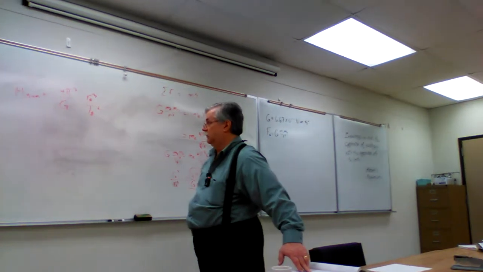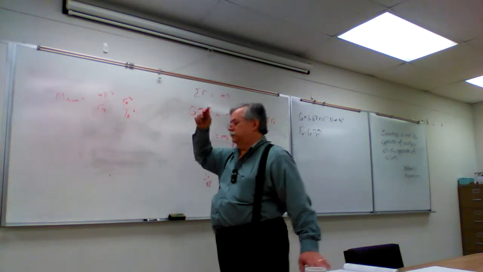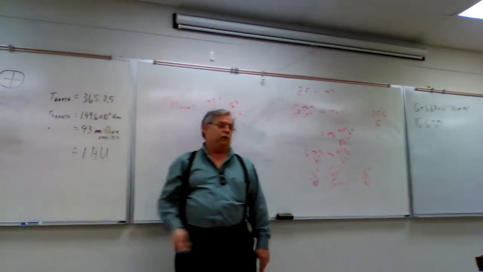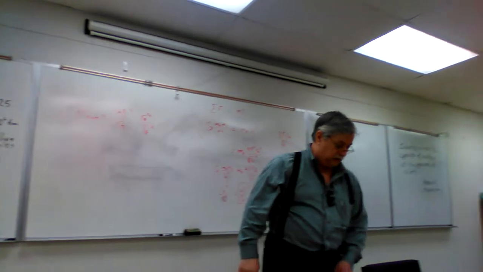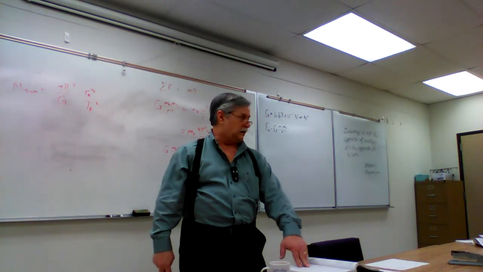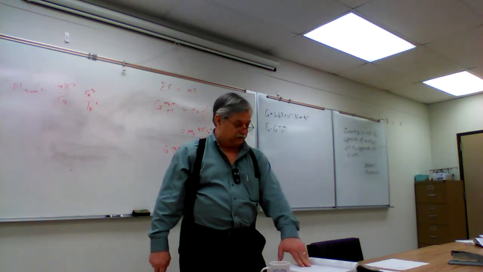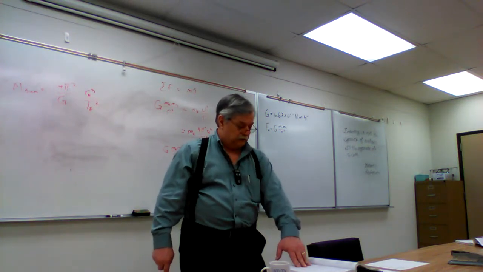According to, oh, this is kilometers, and then you go to meters. Yes, okay, never mind. Yeah, 1.5 times 10 to the 11 meters cubed, not kilometers. G is 6.67 times 10 to the minus 11.